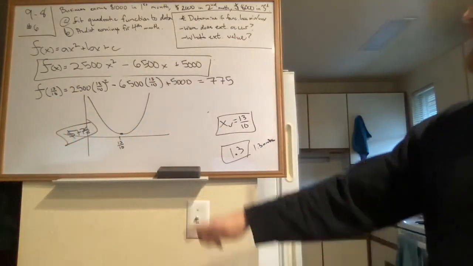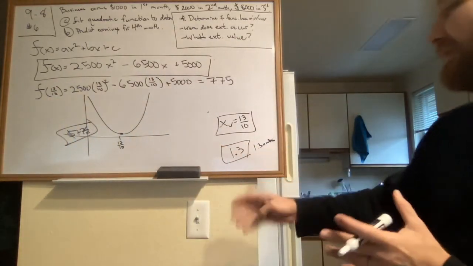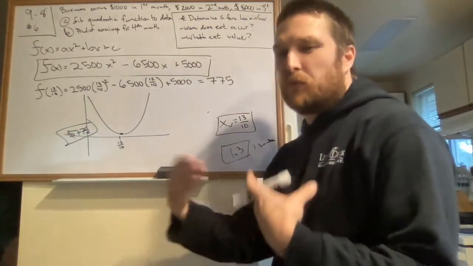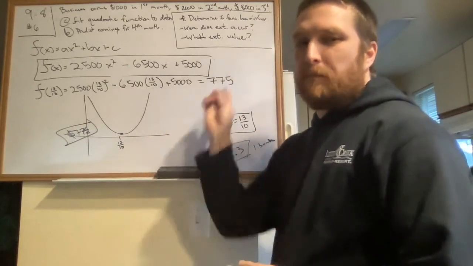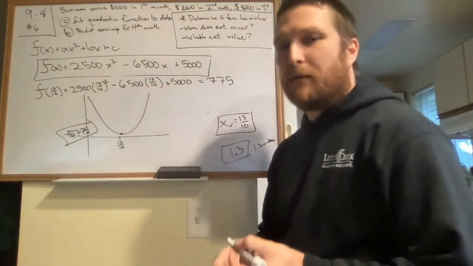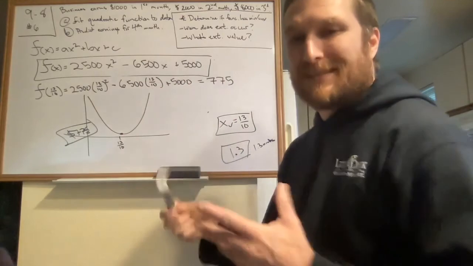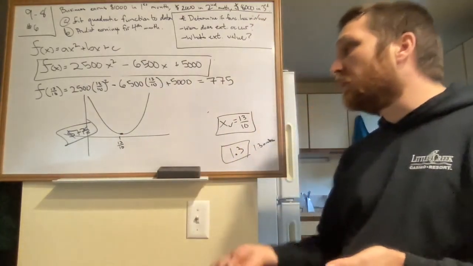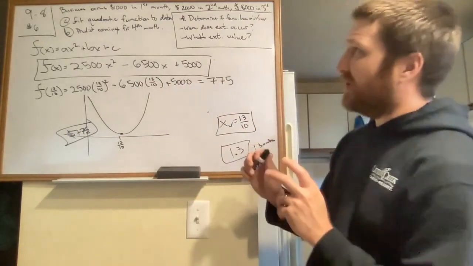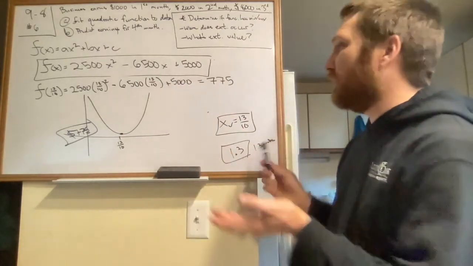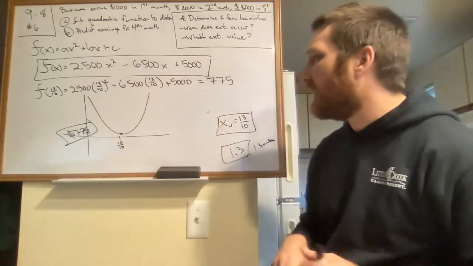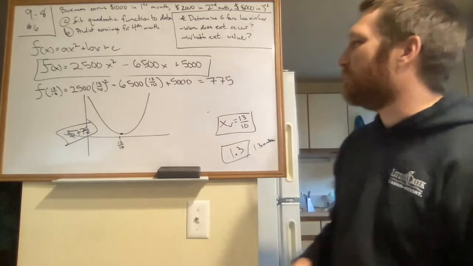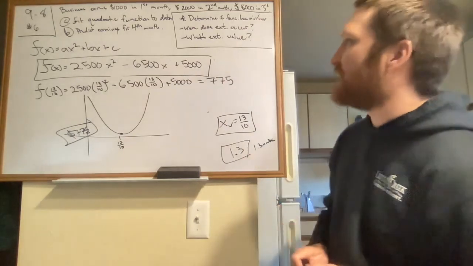In other words, at 1.3 months, and this is just more of an exercise to get you some practice talking about extreme values, mins and maxes, I would say that according to this model, we could predict that our earnings at 1.3 months were 775, although it doesn't really work with the data. That's not really how finance works.